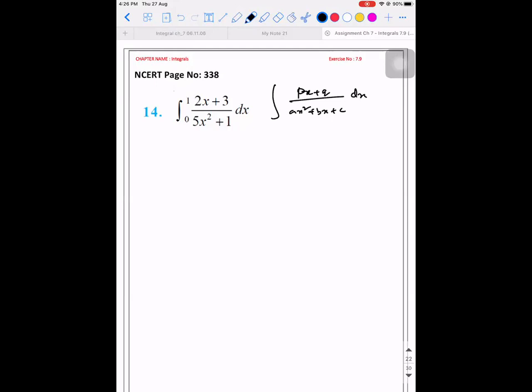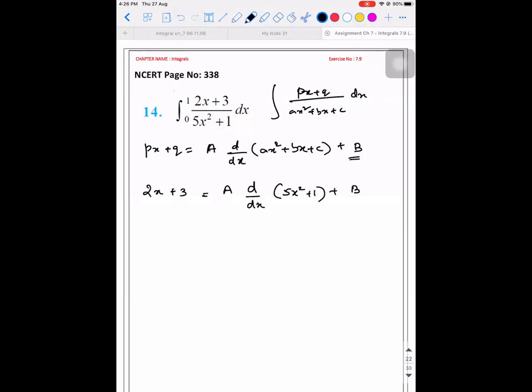Then what are we supposed to do? Px plus q is equal to a into d by dx of ax square plus bx plus c plus some other constant. Do you guys remember this or not? Yes, sir. So here 2x plus 3 will be equal to a into d by dx of 5x square plus 1 plus b.